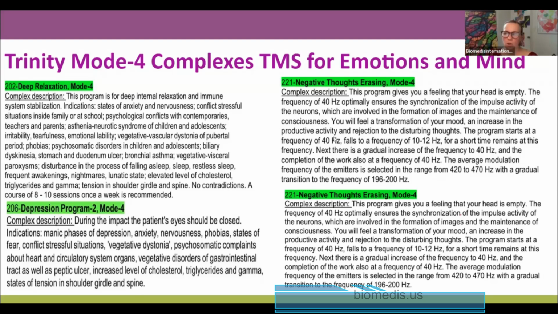I use this complex a lot when there is something going on in your life. You focus the device on your brain and you think about those negative thoughts. You think in that pattern. Maybe you're thinking about something constantly, like a broken record: I don't have money. I don't have money.